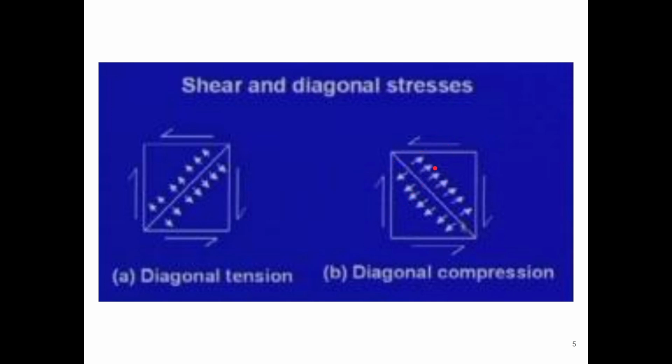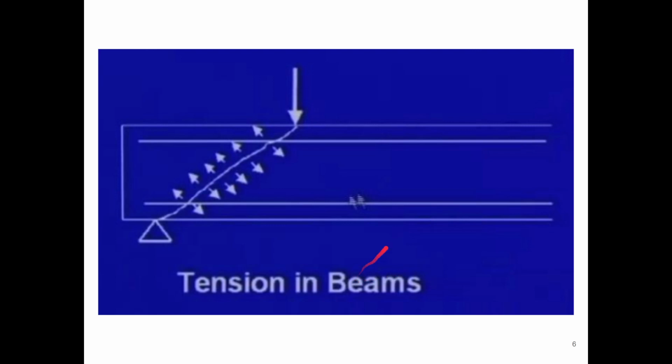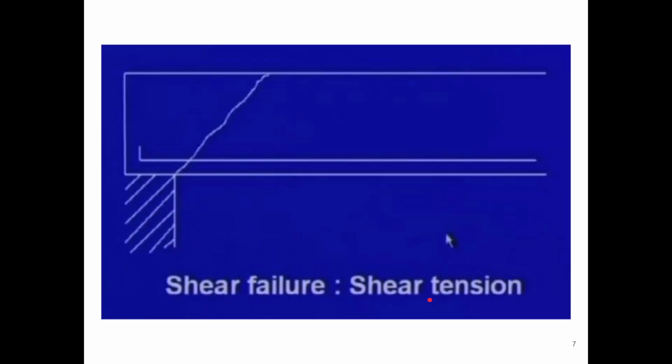So that is what diagonal tension and diagonal compression are about. This is the tension occurring in beams, where the slice will try to elongate.